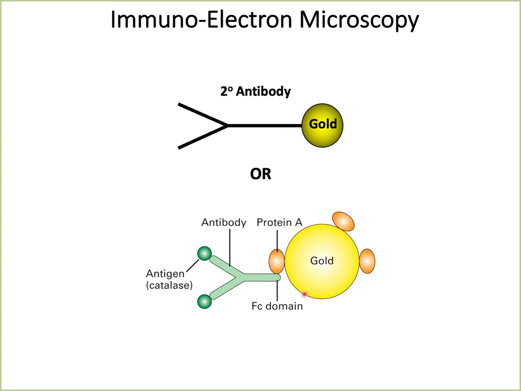This is a second way to label your primary antibody for visualization. Remember that if you have a primary antibody, you can always use a secondary antibody attached to gold. On the other hand, if you do not need a secondary antibody, you can use your primary antibody and then use protein A attached to gold to stain your sample as well.